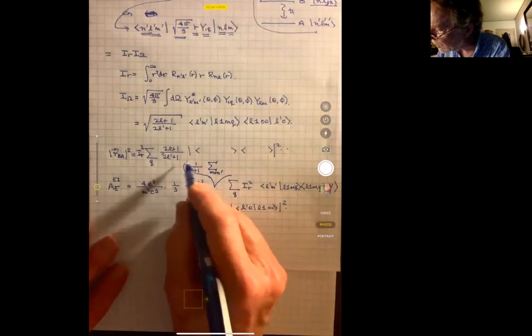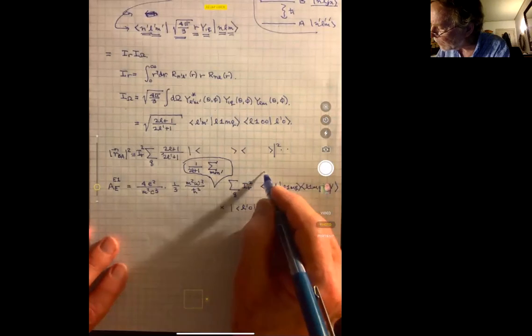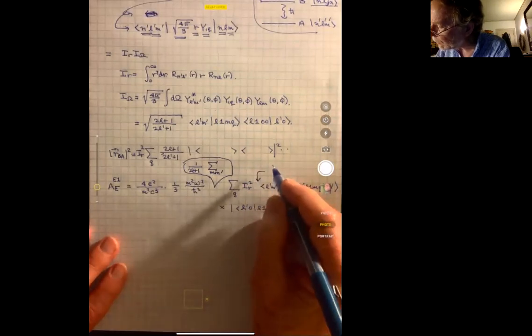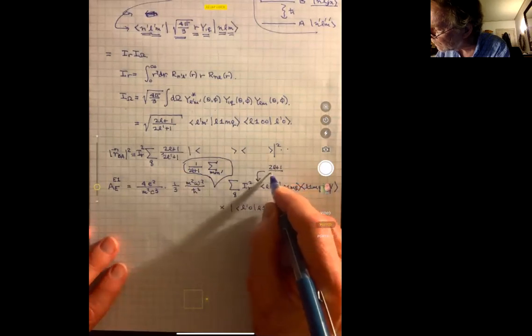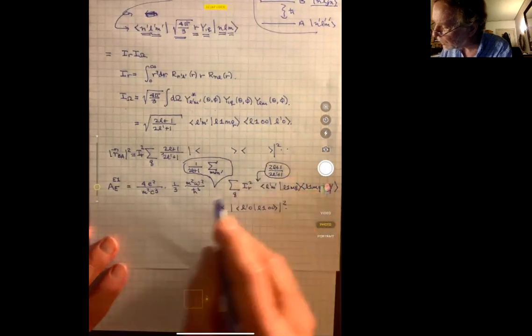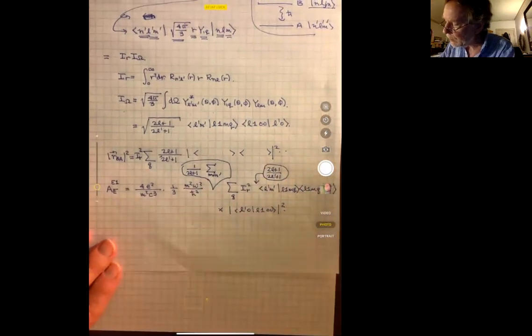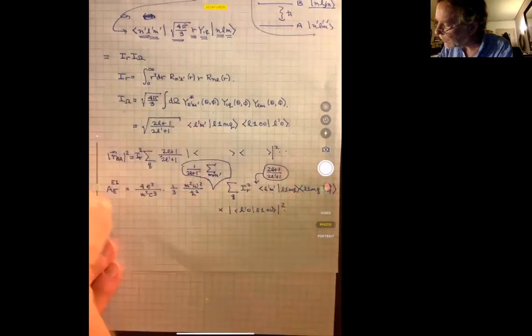So let's take this and insert that in there. And by the way, I omitted a factor here because I didn't copy it right, which is this 2L plus 1 over 2L prime plus 1, which came out of the calculation. Let's put that in there also. Now you can see that if I do that, the 2L plus 1 factor in the denominator and the one in the numerator cancel.